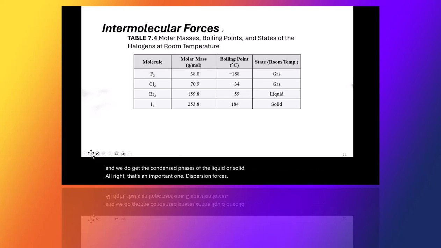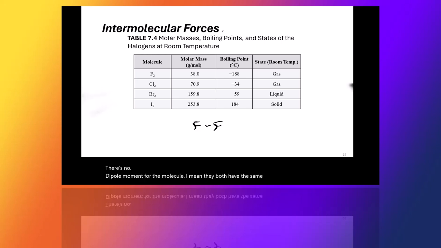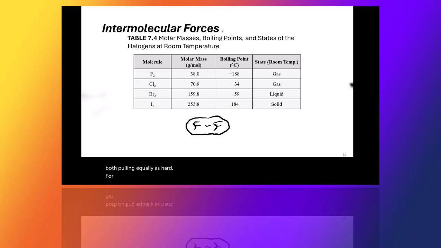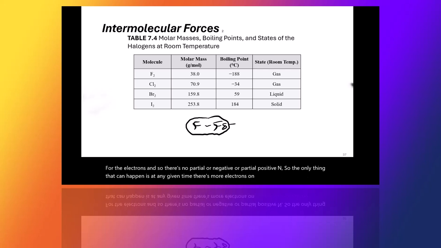So that's what they're showing here, that if you have two of the same atom bonded together, there's no dipole moment for the molecule. I mean, they both have the same electronegativity. They're both pulling equally as hard for the electrons. And so there's no partial negative or partial positive end. So the only thing that can happen is at any given time, there are more electrons on this side than there are on this side.